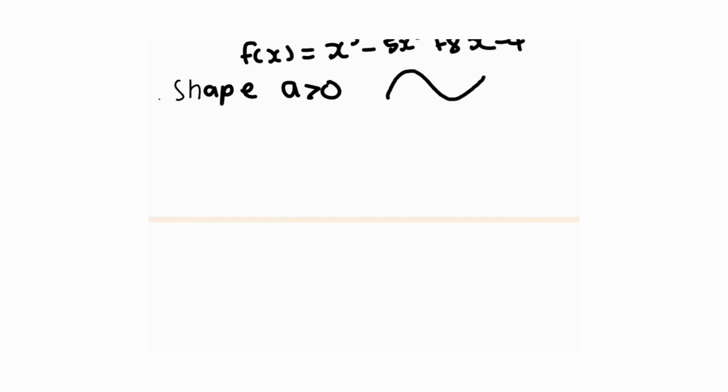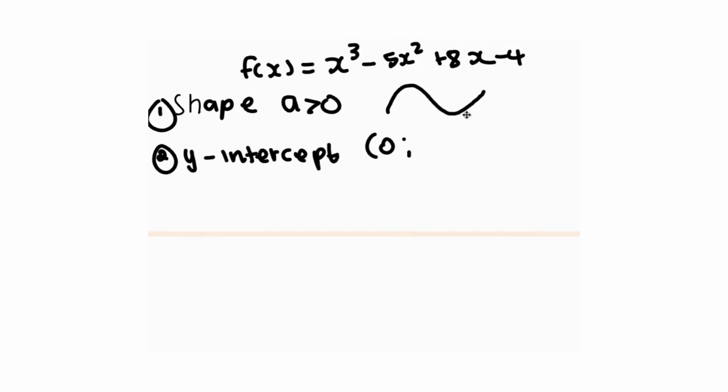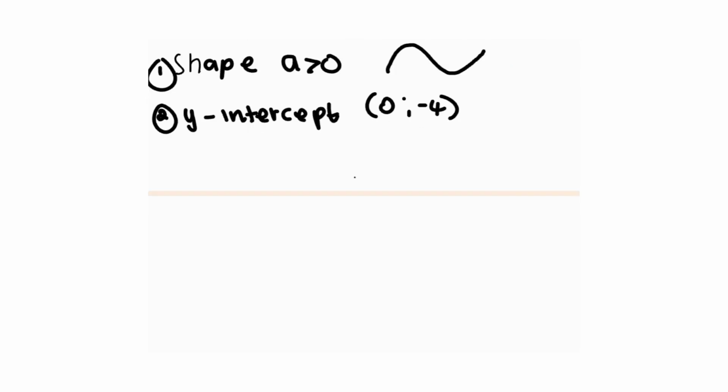The second thing is our y-intercept, which comes from the value of d. For the y-intercept x is 0, and the y-intercept would be -4. So it's (0, -4). The third thing, before going to the x-intercept, let us look at the turning points, or the local minimum and local maximum.